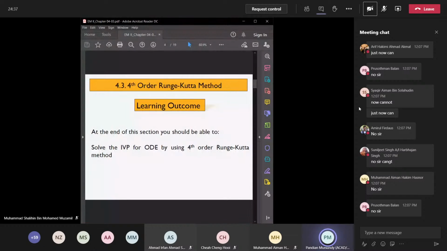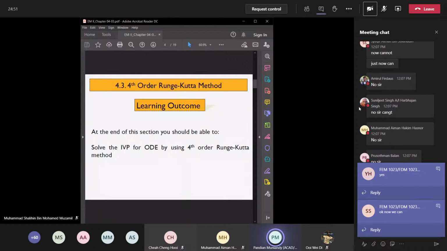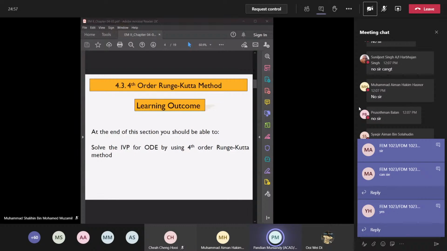Okay, can you see the slide now? Yes, sir, we can see the slide now.